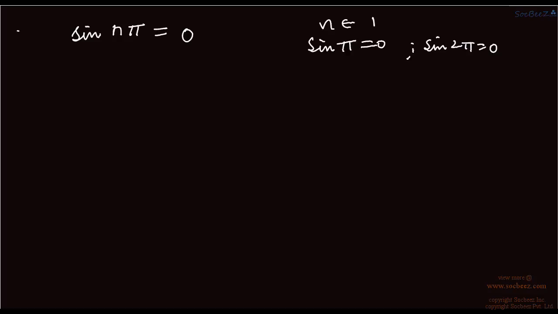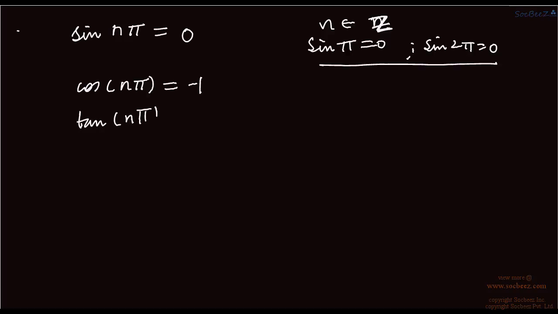Similarly, for n belonging to integers, that will be 0. Now cos n pi is minus 1 to the power n. Tan n pi is of course 0, because tan n pi is sin n pi upon cos n pi, which will be 0.